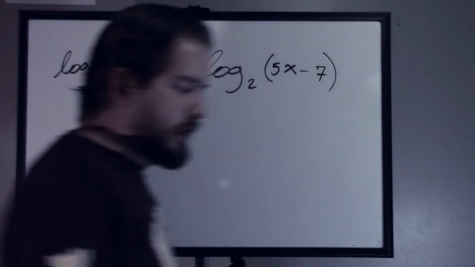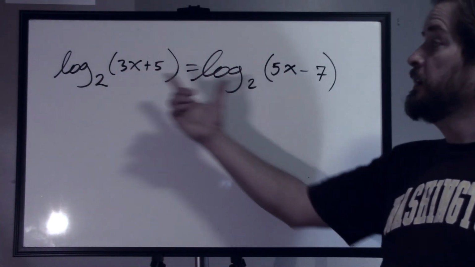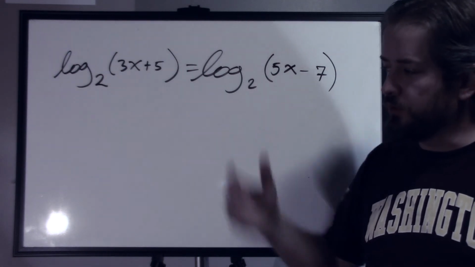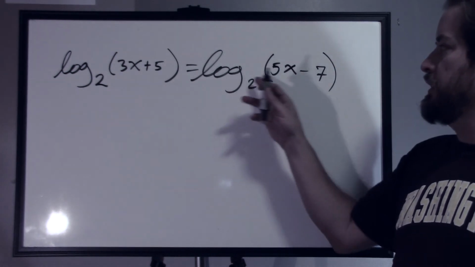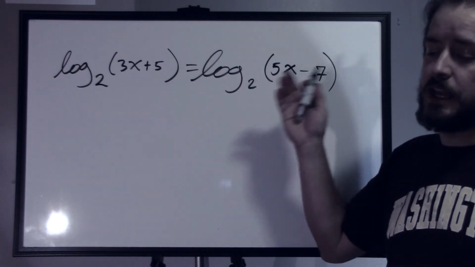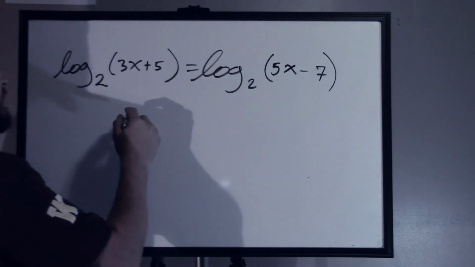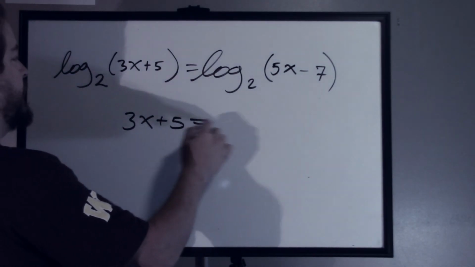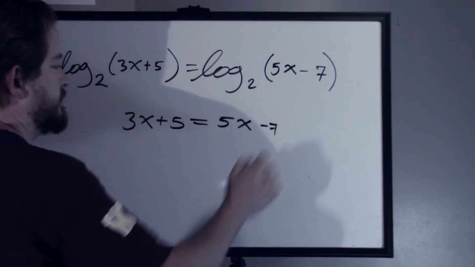If I have the log base 2 of one thing equals the log base 2 of another thing, then these things in the middle here have to be the same. Due to the nature of the log, I can't take the log of one thing and have it equal the log of something different. If the logs are the same, then the insides are the same. So I can eliminate this log altogether and just say that 3x plus 5 has to be equal to 5x minus 7.